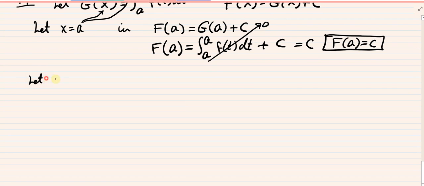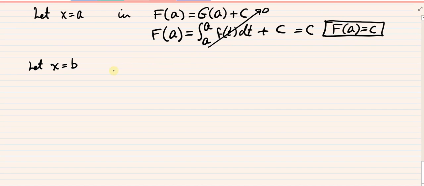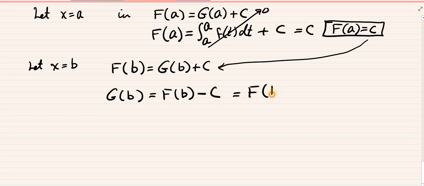Now for the upper limit of the same integral, let x be b. Going to the antiderivative again, f at b is going to be g at b plus a constant. But we found the constant to be f at a, true? So g at b is equal to f at b minus c, which is f at b minus f at a.